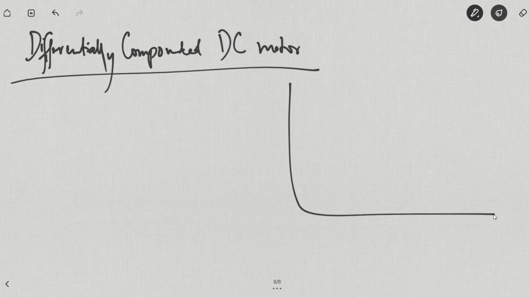torque speed characteristic will be something like this. Now what is happening here? In case of a differentially compounded DC motor, as we know that the shunt and the series magnetomotive forces actually subtract each other. So say for example we are applying a load on this system.